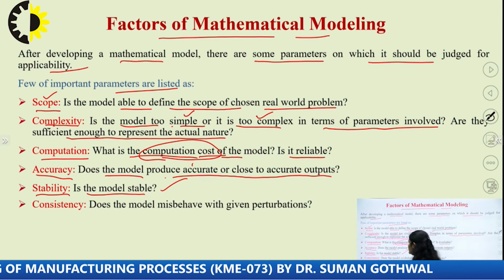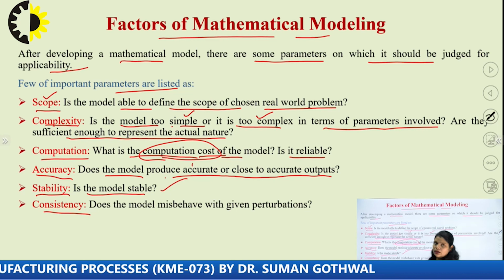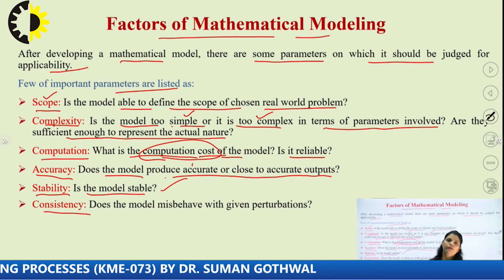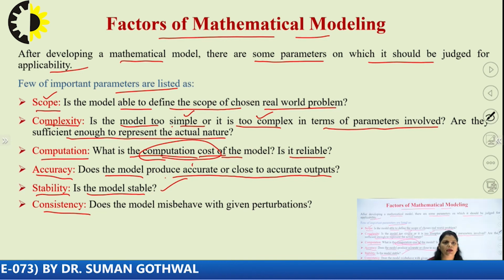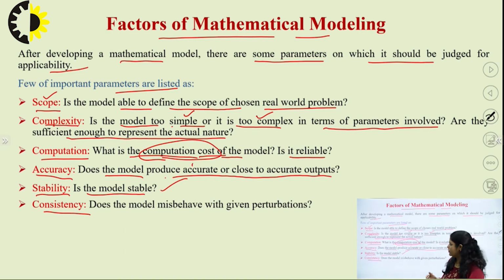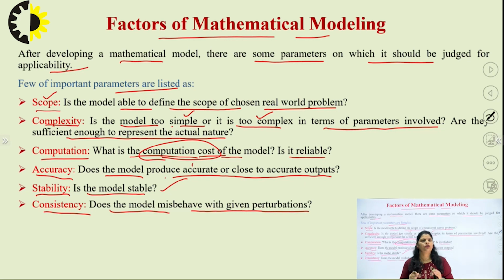Then we go to the consistency. Consistency is basically the quality of having the same standards or behavior, meaning it should give the same output. Does the model misbehave with the given perturbations? It should maintain its standard and its behavior. We will check that here.